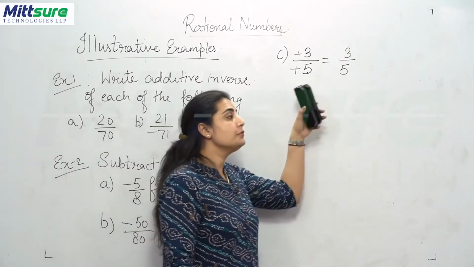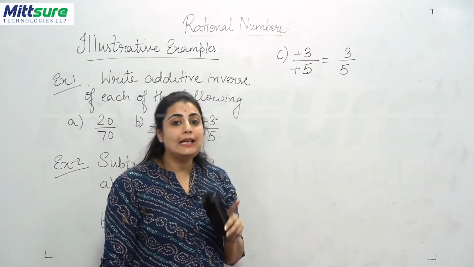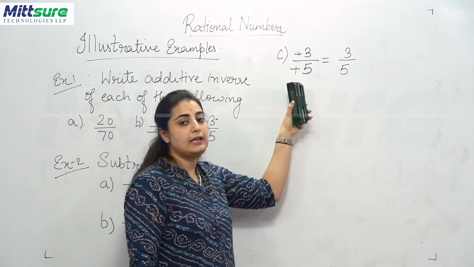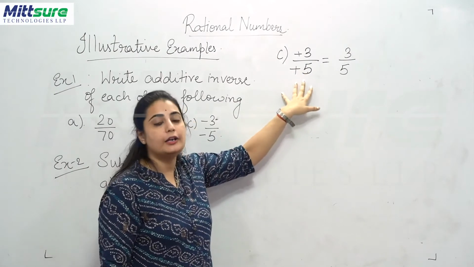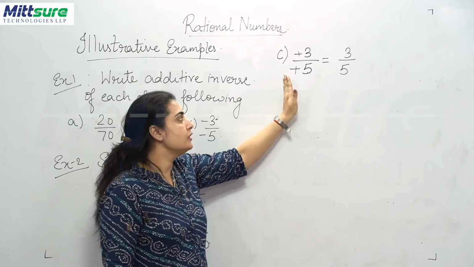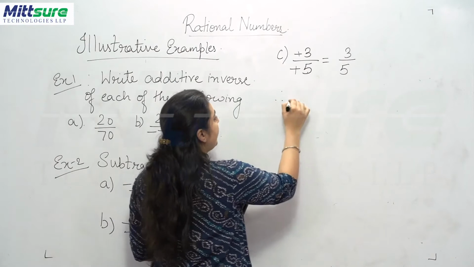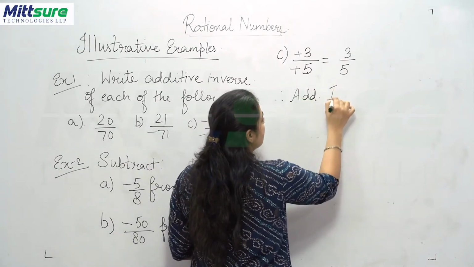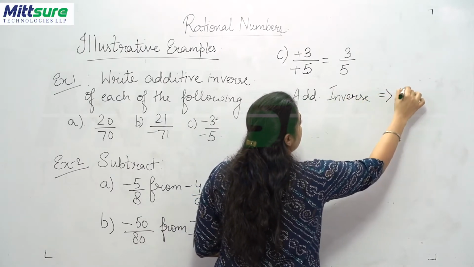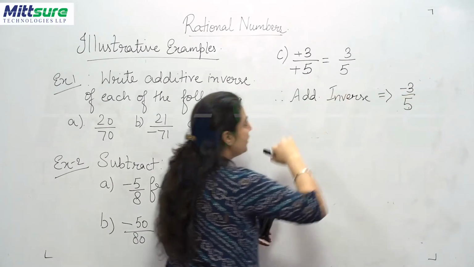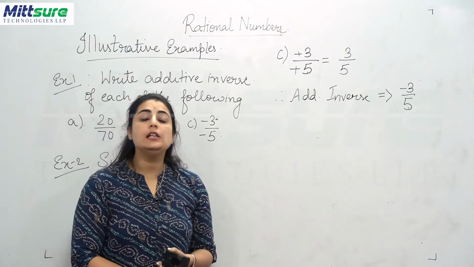Now you are supposed to find out the additive inverse of 3 upon 5, not of minus 3 upon minus 5, because this was again not the standard form of the rational number. So first we have changed it into its standard form, then we are supposed to write the additive inverse: minus 3 upon 5. So this is how you find out the additive inverse of any given rational number.